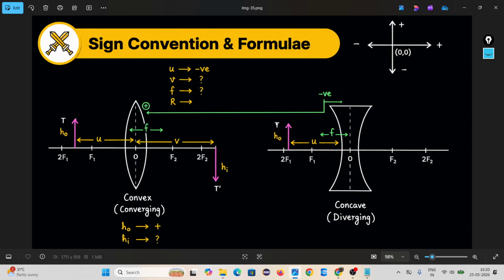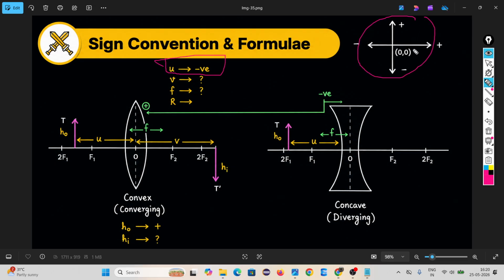Then come to sign convention and formula. Look, in any case, object distance is always negative. The sign convention is the same as for a mirror. Object distance means the distance between the object and the optical center.